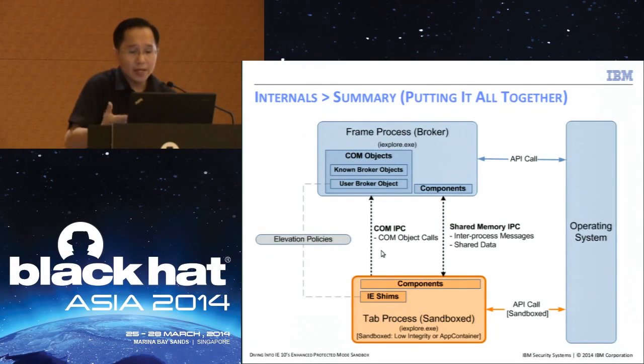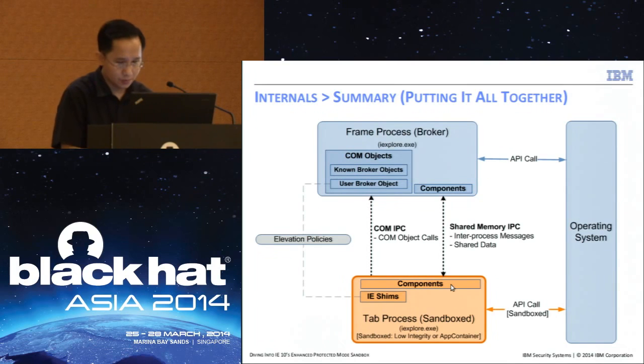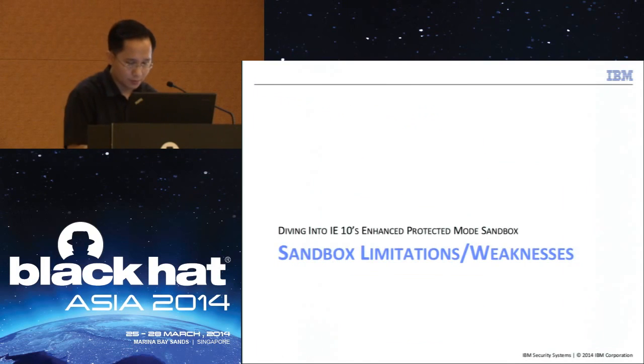COM IPC is used by components in the Sandbox and IE-shims for invoking the services exposed by COM objects in the broker. And shared memory IPC is used by components in the broker and the Sandbox process for inter-process message exchange and for sharing data.